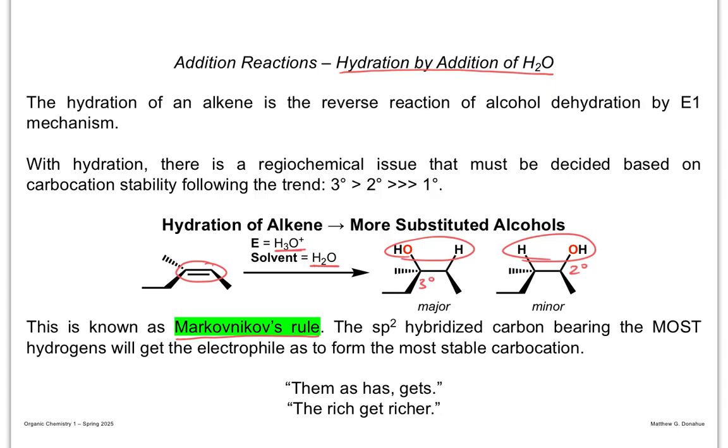So stated another way, Markovnikov's rule is: them as has gets, or the rich get richer. In this case, our electrophile is H plus, or proton, and the nucleophile is water.